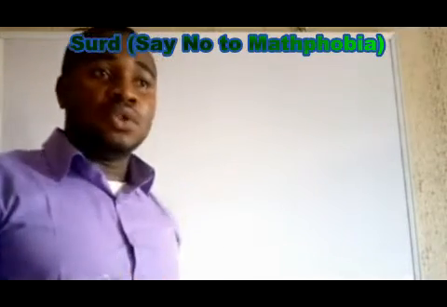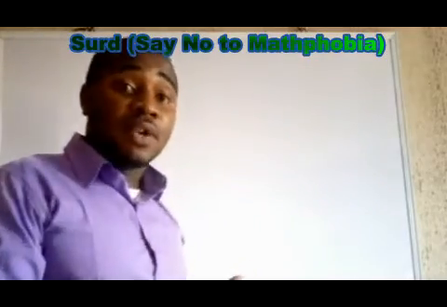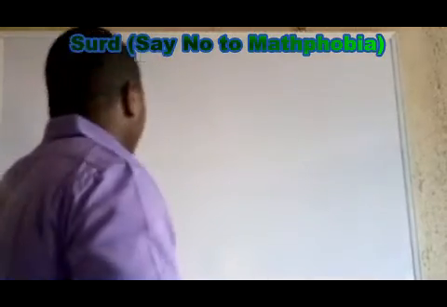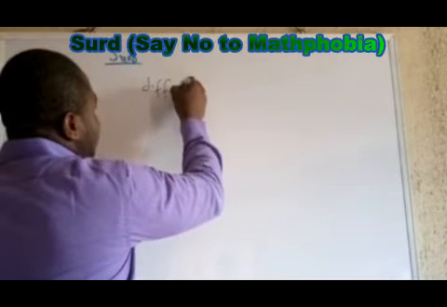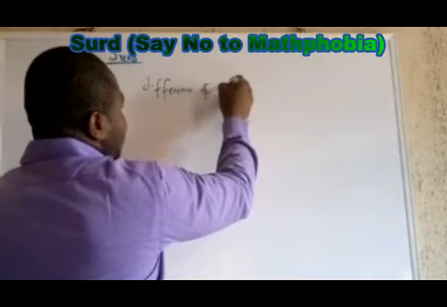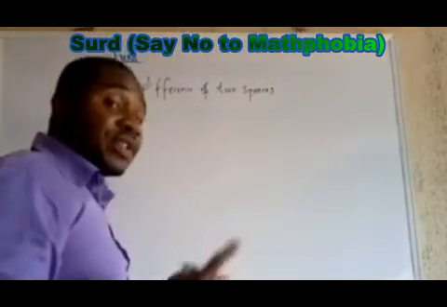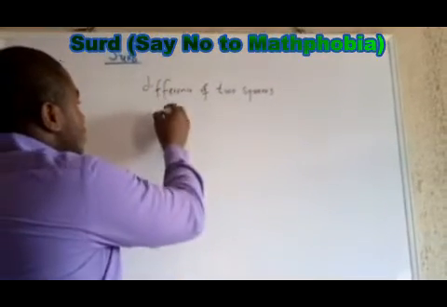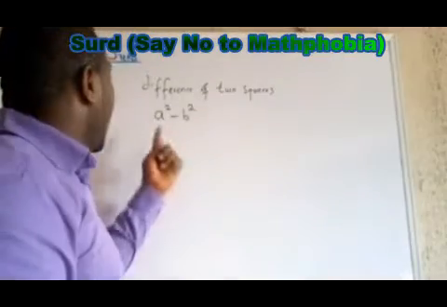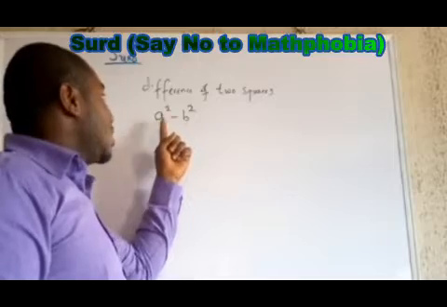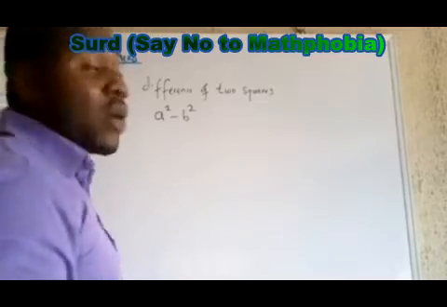Before we continue on going into the application of surds and how we evaluate surds, you need to know some basic steps. You need to know what this is: the difference of two squares. When you have a squared minus b squared, that's an integer squared and maybe another integer squared. We are representing them with these letters. How can you expand them?